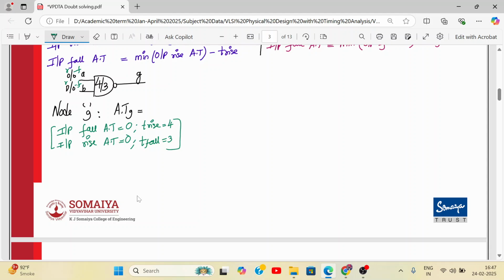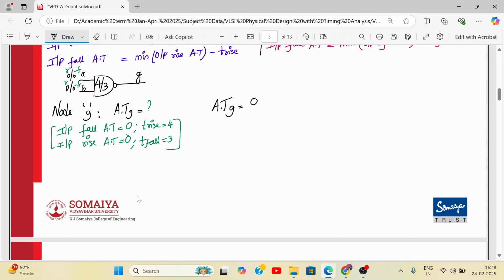So the arrival time at node G is given by output rise arrival time, which is maximum of input fall arrival time plus T rise.